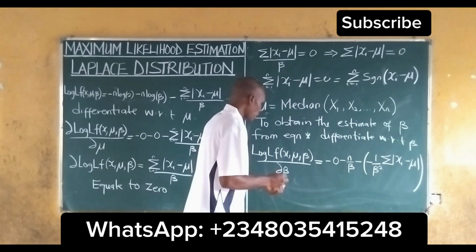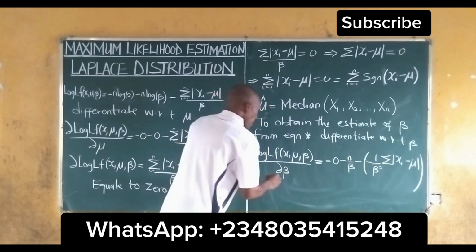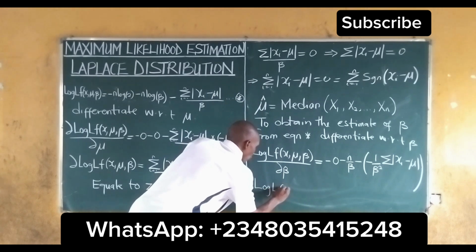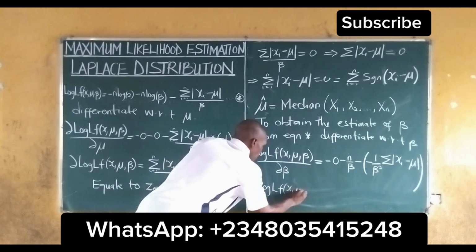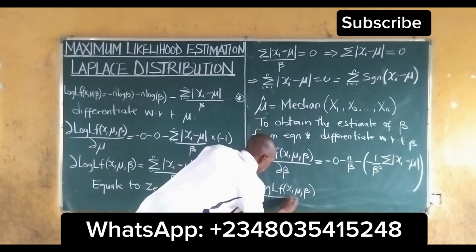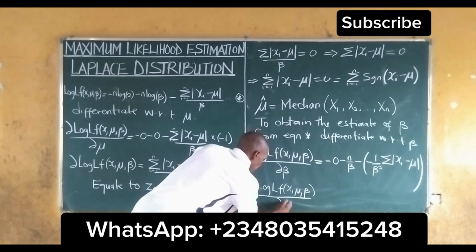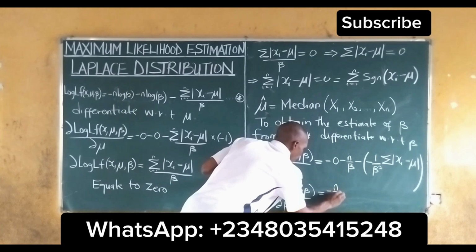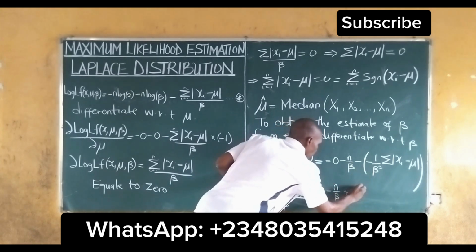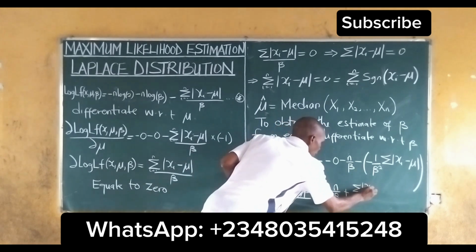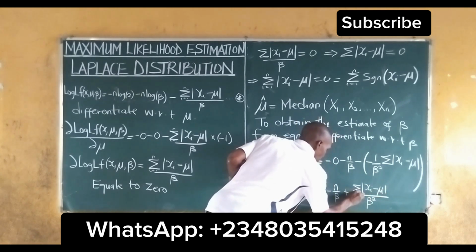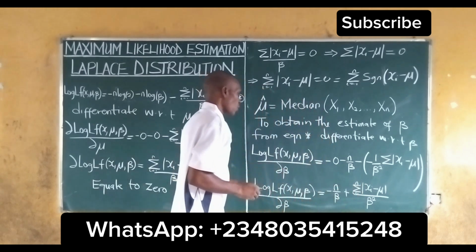It then means that if we want to write this properly, we'll have our log likelihood function of x, mu, beta all over the beta is equal to negative n all over beta plus summation of xi minus mu all over beta squared.